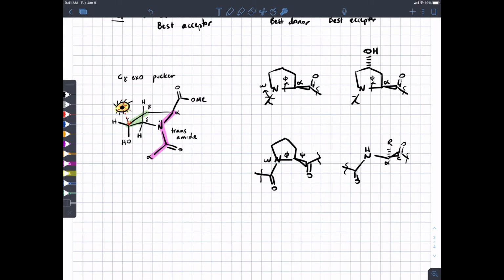In a regular amino acid, if you look down the bond between the carbonyl carbon of the previous amino acid and the nitrogen, it is best to have this bond and that bond anti to each other. Does that make sense?